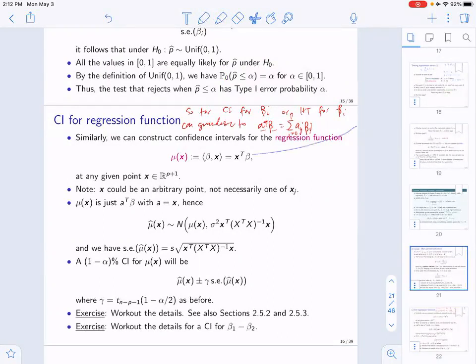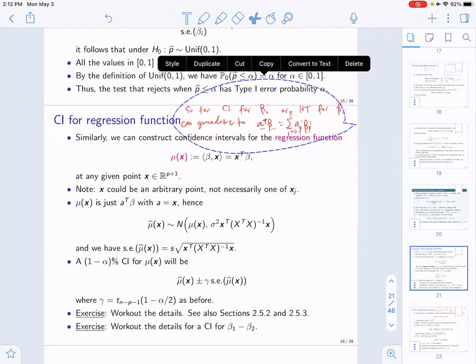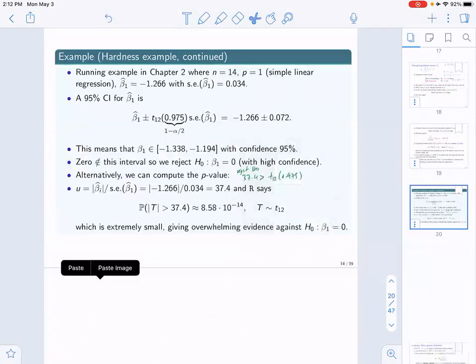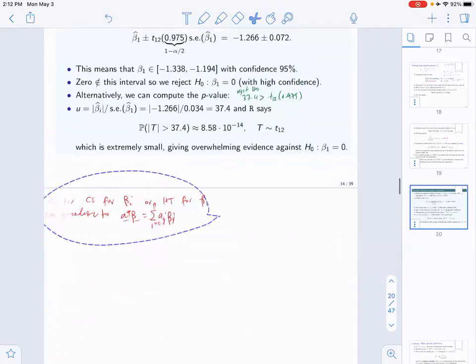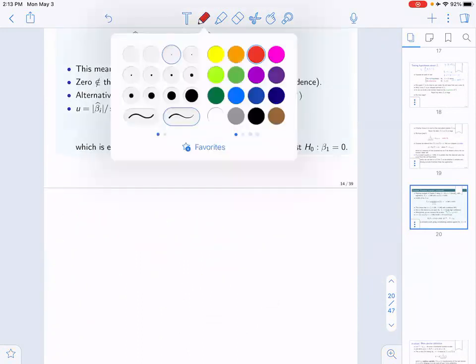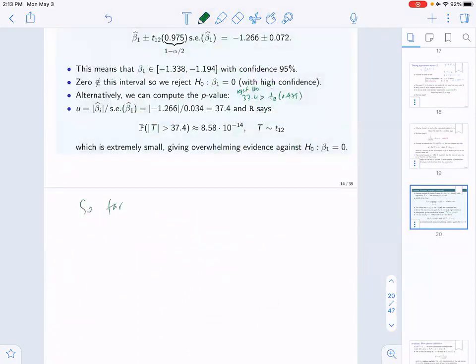So let me do an example. So far we have a CI or hypothesis testing for a single parameter.